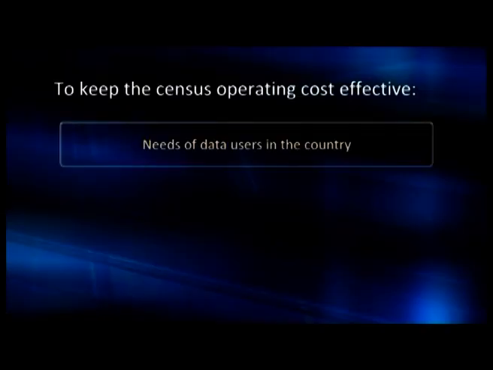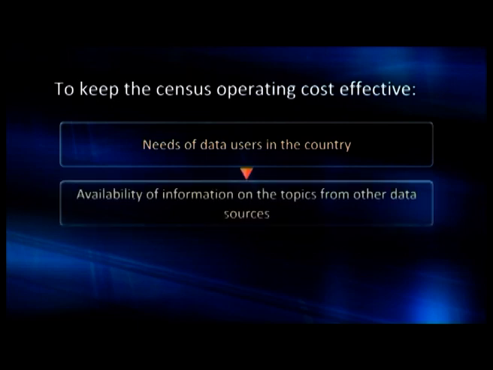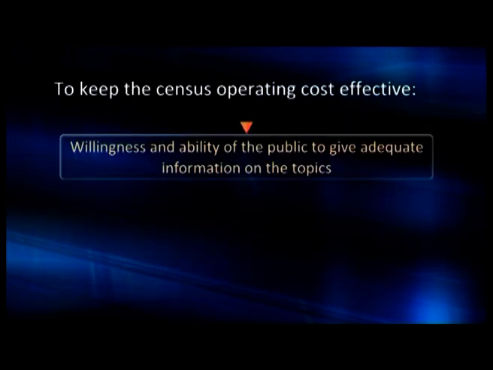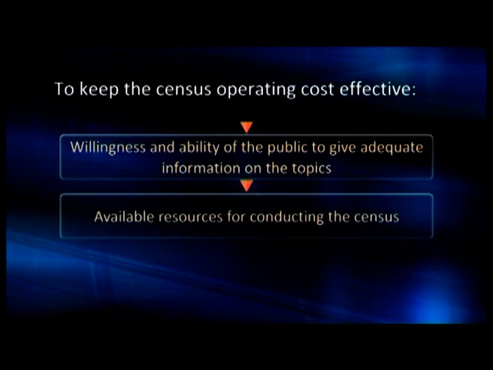Nevertheless, the topics to be covered in the census should be determined upon balanced consideration of A. Needs of data users in the country, B. Availability of information on the topics from other data sources, C. International comparability, D. Willingness and ability of the public to give adequate information on the topics, and E. Available resources for conducting the census.